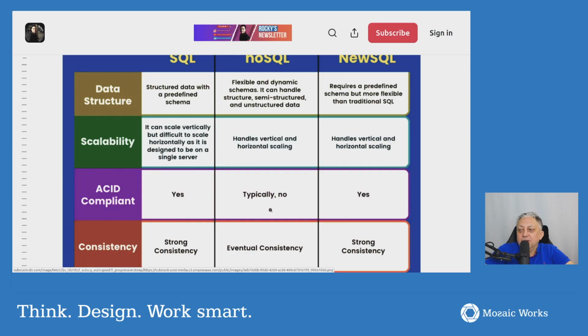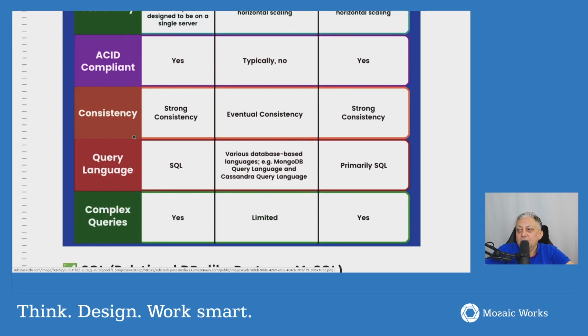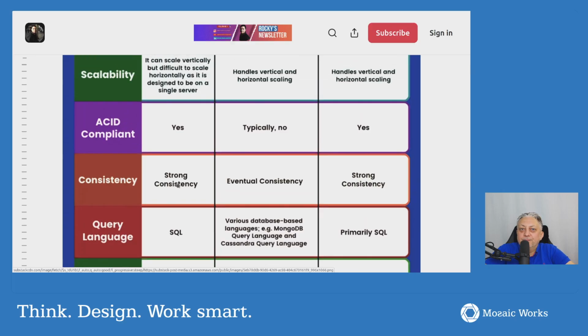NoSQL typically has no ACID compliance. NewSQL has ACID compliance. What about consistency? Well, of course, we have high consistency in SQL databases. We have eventual consistency in NoSQL databases, and we have strong consistency for NewSQL.